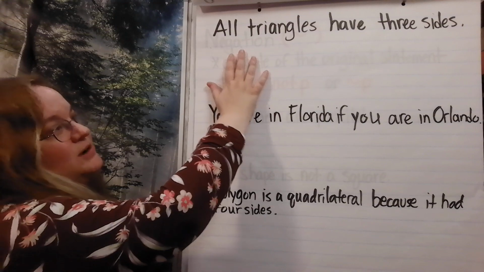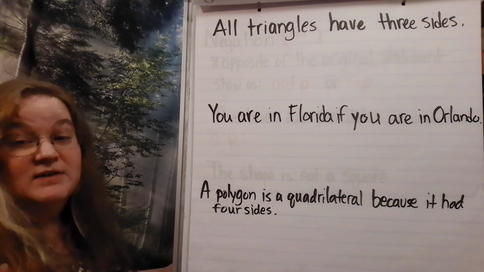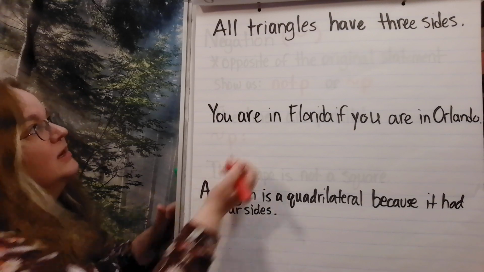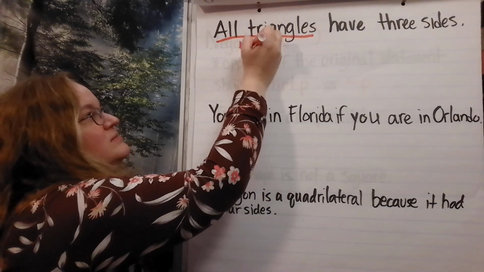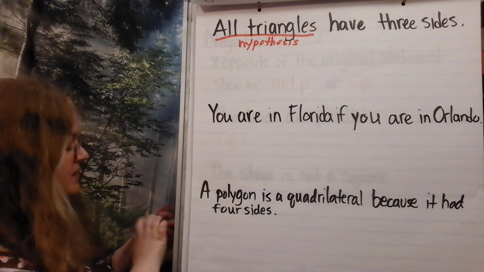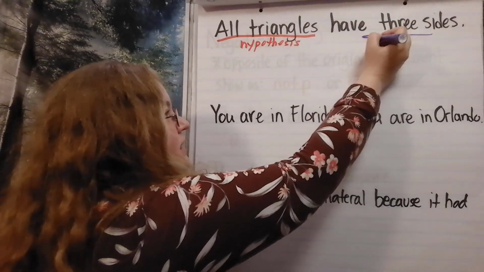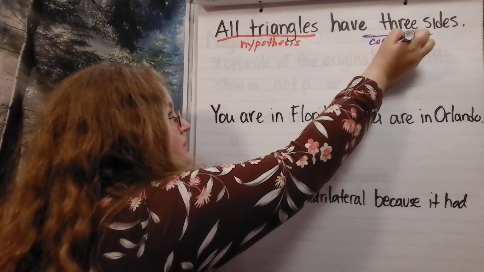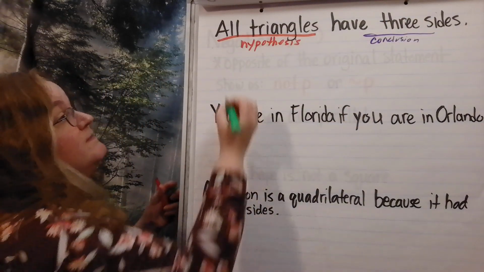All right, so all triangles have three sides. This is obviously not in an if-then, but if I look at it, my hypothesis is all triangles, and my conclusion is have three sides. So if I'm going to rewrite this, I'm going to start with an if.